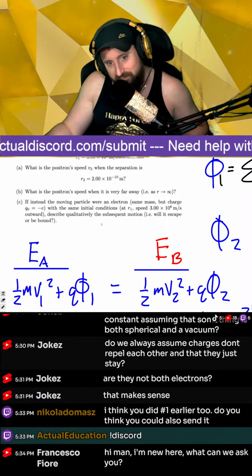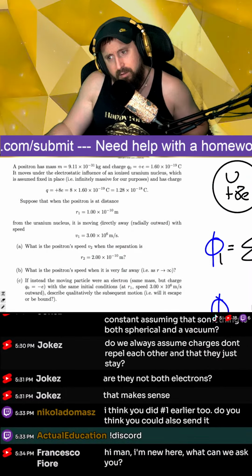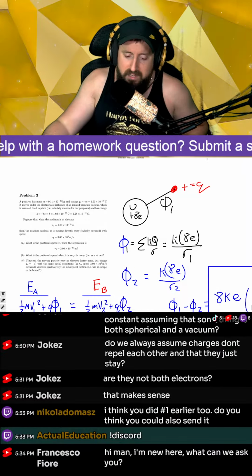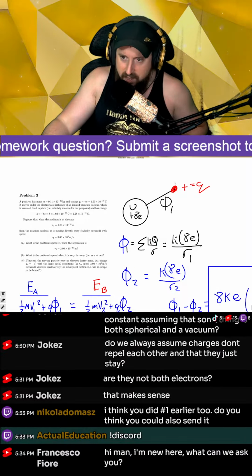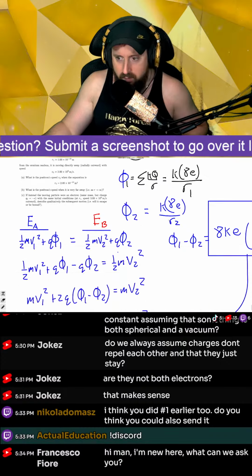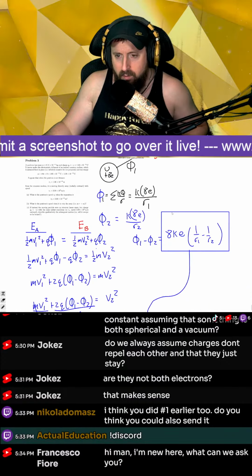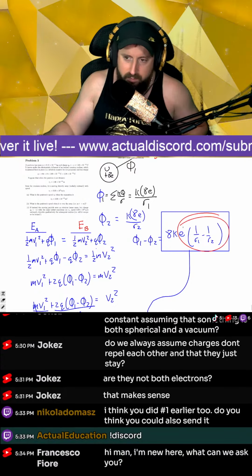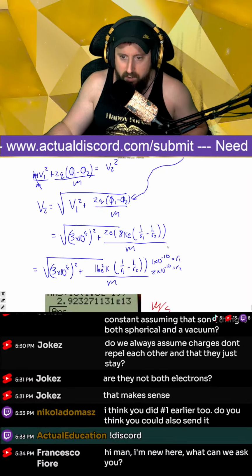So if it was an electron, now it gains potential as it goes away. So you end up flipping the sign of this. This becomes 1 over R2 minus R1.